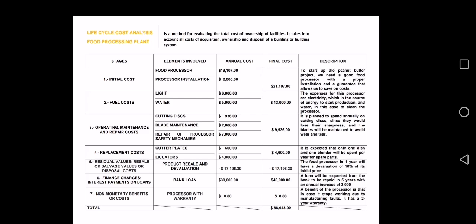In this case, if the industrial processor has some troubles, it doesn't work, and I have some requests for peanut butter orders, and the machine doesn't work, I have to put another blender or processor to keep working and not fail with the work.